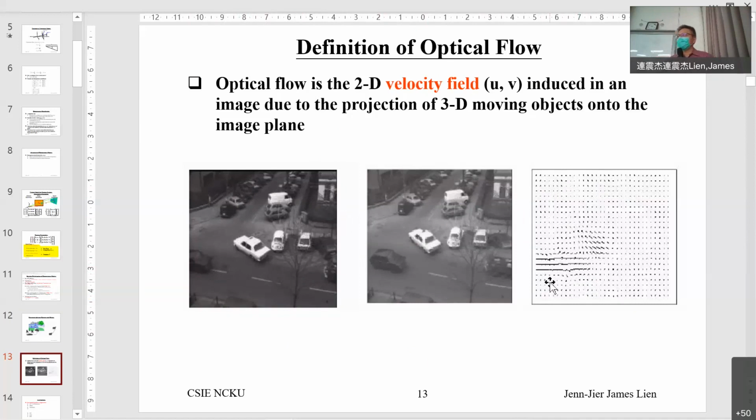MPEG-4 uses optical flow. Why? Because if this one is moving, we only need to save this image and save the optical flow. In the final one, we have the other image and we do interpolation between the frames. Suppose this is frame 100, and we continue from 100 to 110.